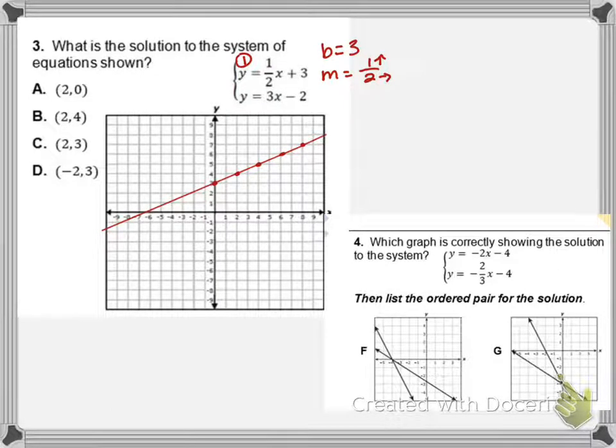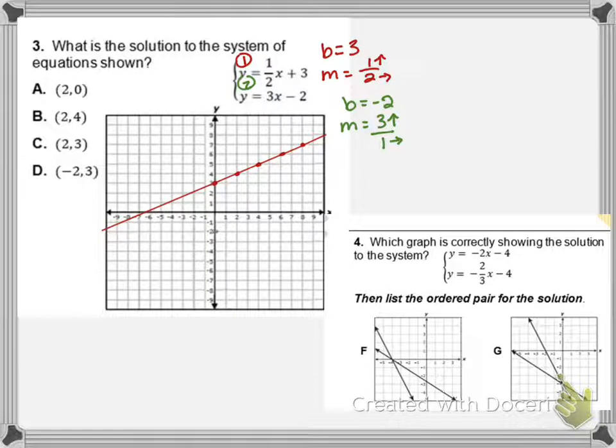For number 2, let's do it in green. Our y-intercept is -2 and our slope is 3, but we have to make it into a fraction, so we put it over 1. That's up 3 and to the right 1, beginning at -2.